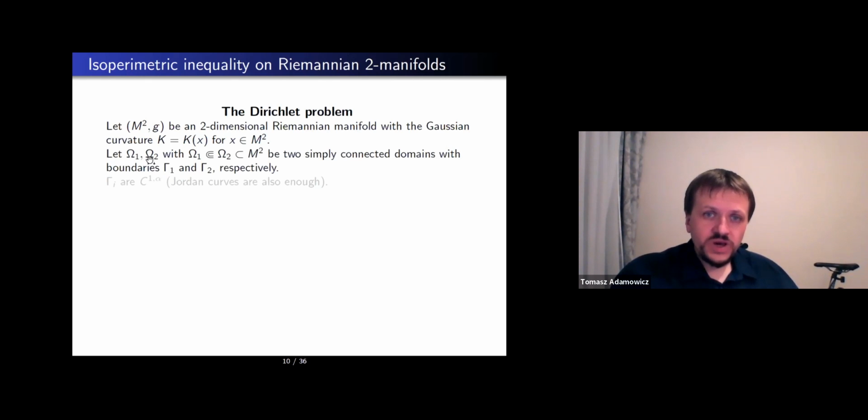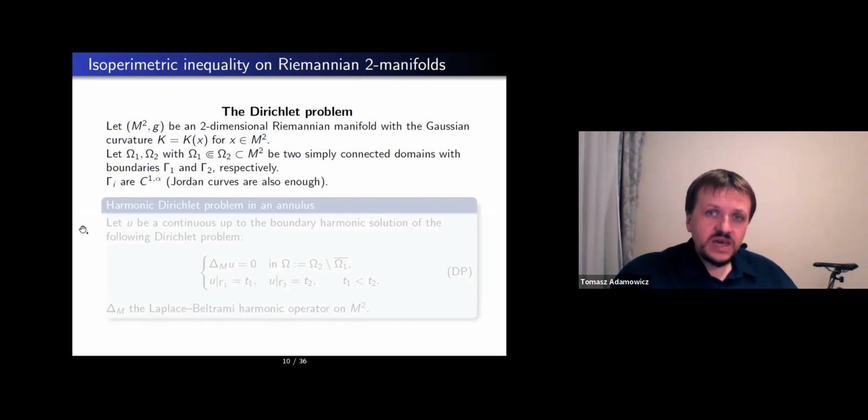By omega 1 and omega 2, we denote two simply connected domains with boundaries gamma 1 and gamma 2 respectively. And for the sake of simplicity, in the first part of the presentation, we will assume that those boundaries gamma 1 and gamma 2 are C^{1,alpha} regular.